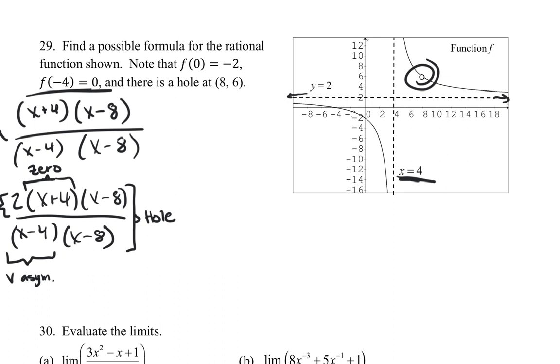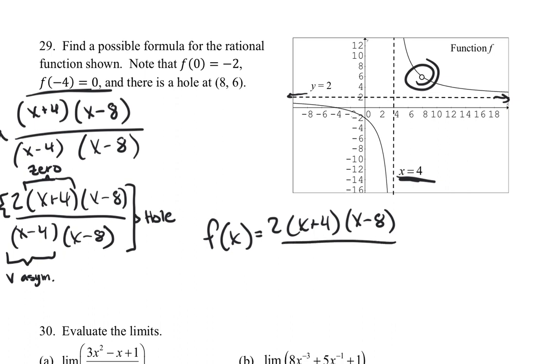And that tells us our whole equation. So our equation is f of x is equal to 2 times (x plus 4) times (x minus 8) over (x minus 4) times (x minus 8).